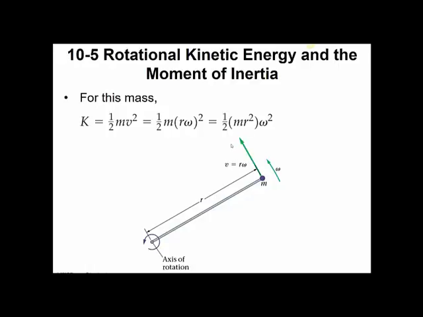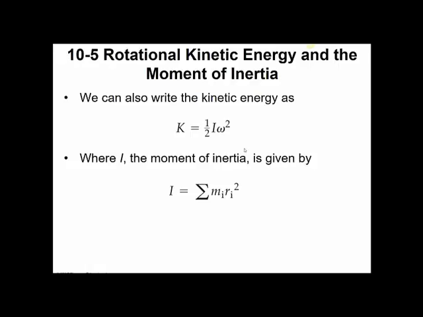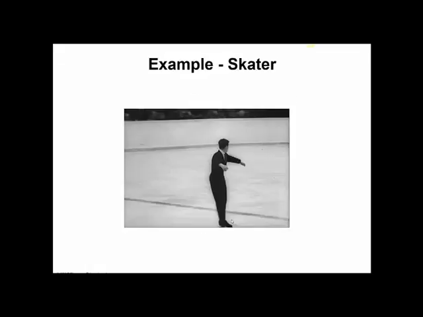So this mr squared is called the rotational inertia, and the symbol for rotational inertia is I. If we reduce this down to something that looks more similar to 1/2 mv squared, instead of the m, we have I, where I is different for different types of mass configurations. Also, a situation could have more than one object rotating, and the rotational inertia would be the sum of all those mr squares.